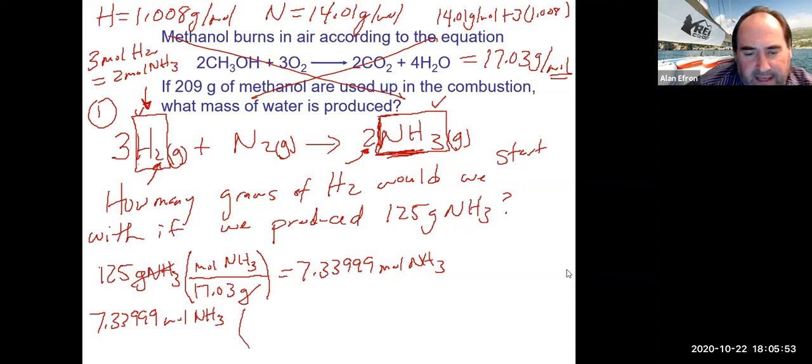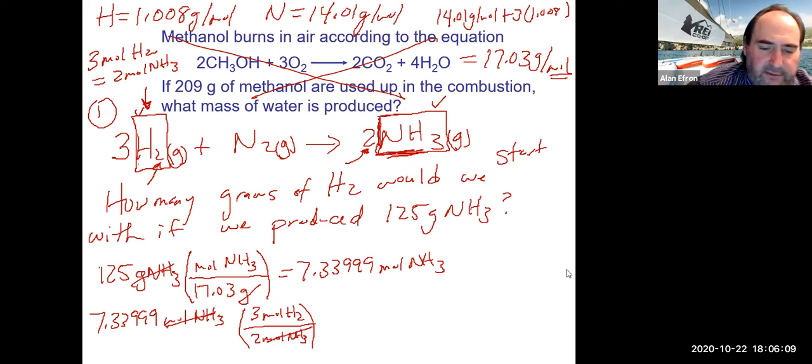Opposites cancel, so we want to get rid of the NH3. On the bottom, we'll put 2 moles of NH3, and on top, 3 moles of H2. That's the stoichiometry part, which cancels out our moles of NH3. That will get us something like 11.01, and now we have converted to moles of H2.